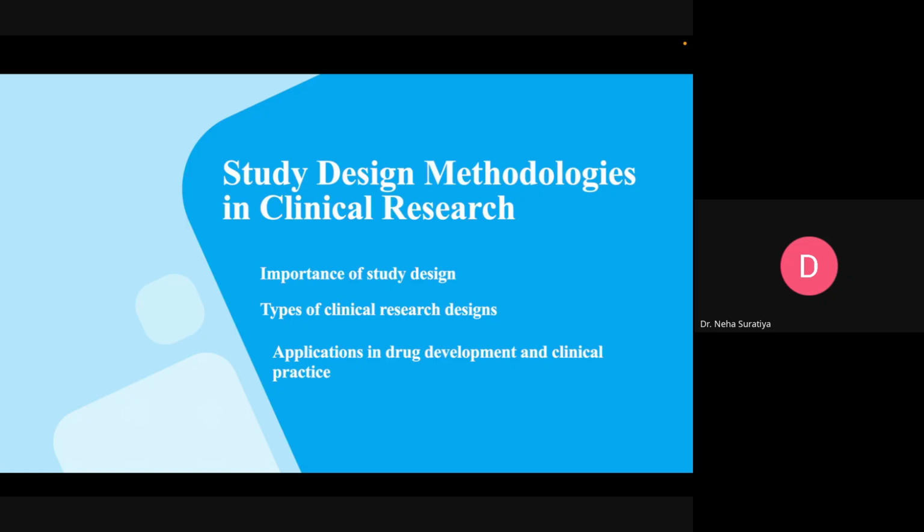Similarly, you just need to understand that if the study design is poor, not appropriate, the results of the research may be unreliable. It may be biased as well, or even completely wrong. So, as a future pharmacist, as a future professional, clinical research coordinator, medical writer, pharmacovigilance professional, I don't know what name I should give to you, but the meaning is simple: you are going to work anywhere, right?